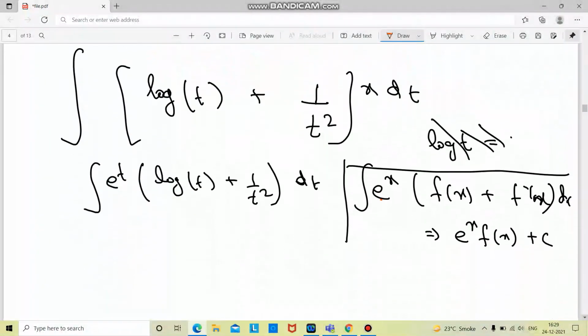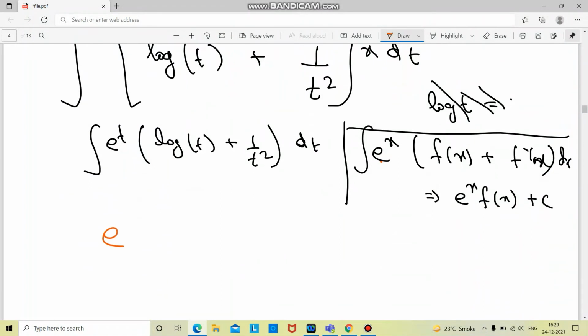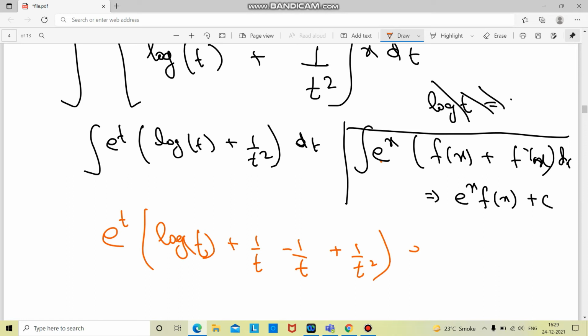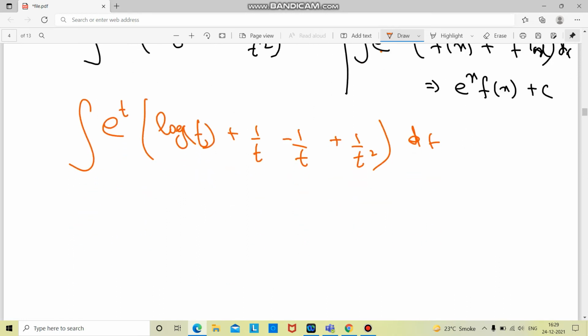We know that log t differentiation is 1 by t. We will multiply and add and subtract that term, and our integration will become something like this.